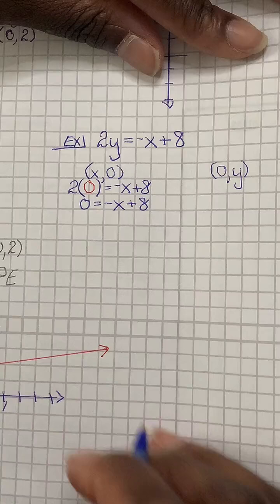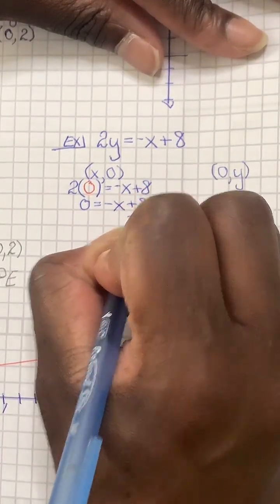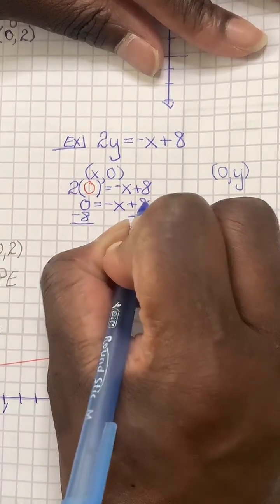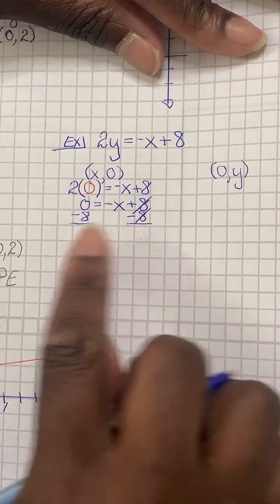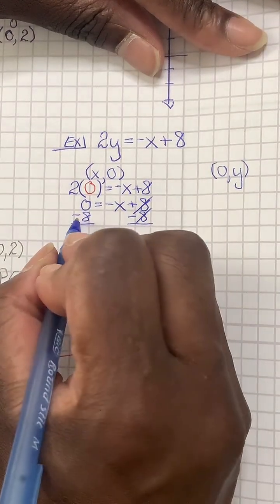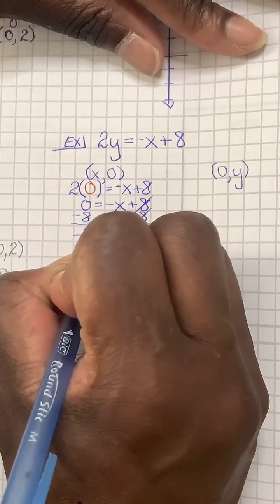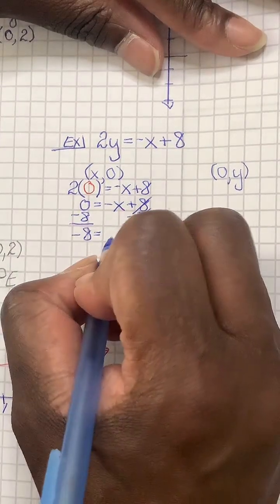So now, with that being said, we need to subtract 8 on both sides. When we do that, the 8's will cancel out on the right-hand side. And then we have 0 minus 8, so that will give us a negative 8. But here's the thing. There is a negative sign in front of that x.